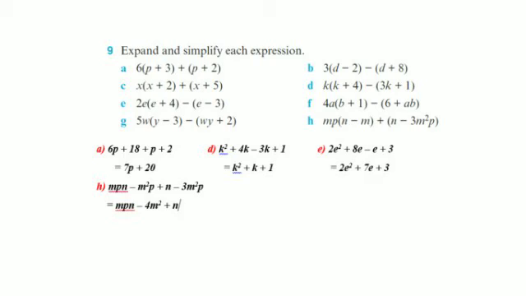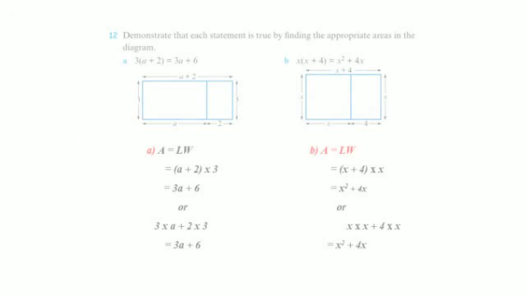Part E, 2e squared plus 8e minus e plus 3, 2e squared plus 7e plus 3. And in part H, you can see how when you multiply it out by mp, it becomes mpn minus 4m squared plus n. When you have expanded that bracket out, or both brackets, and then collected the like terms.